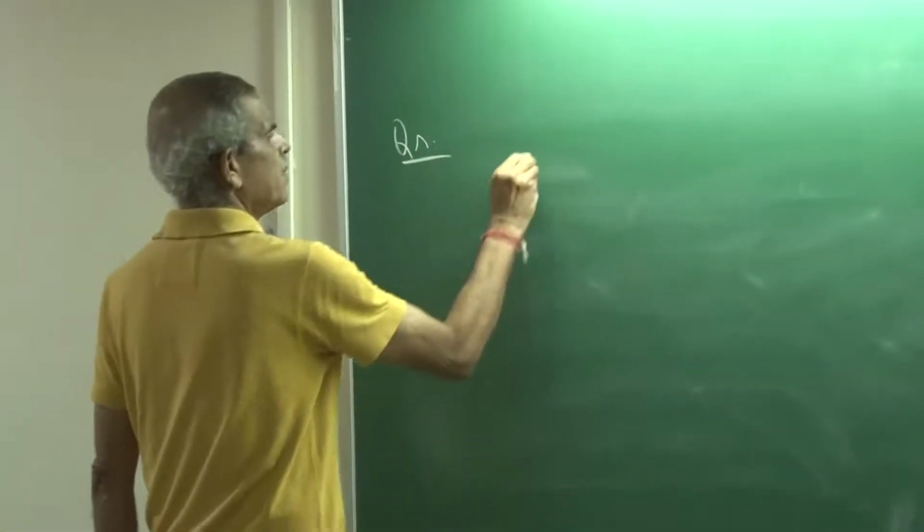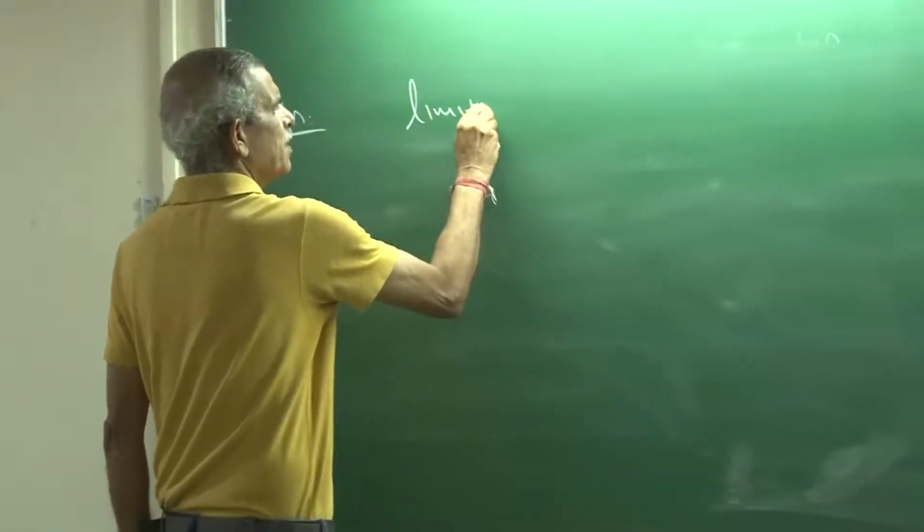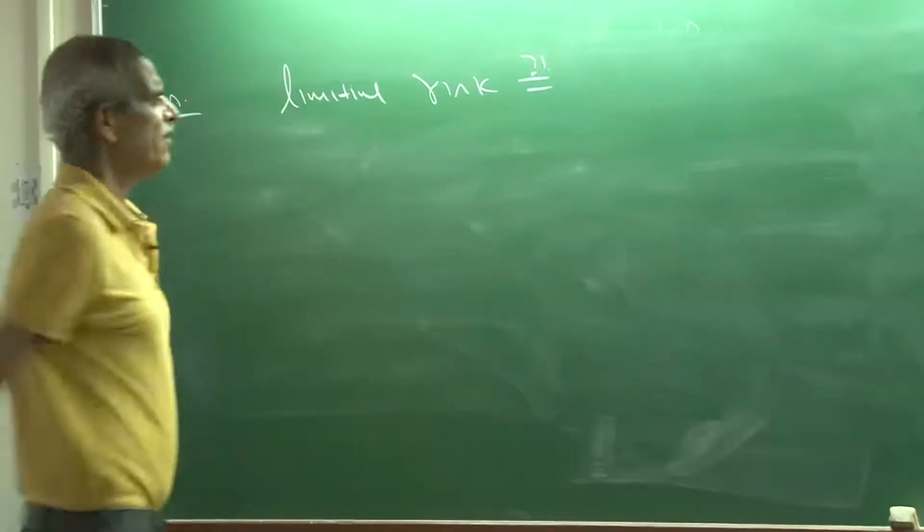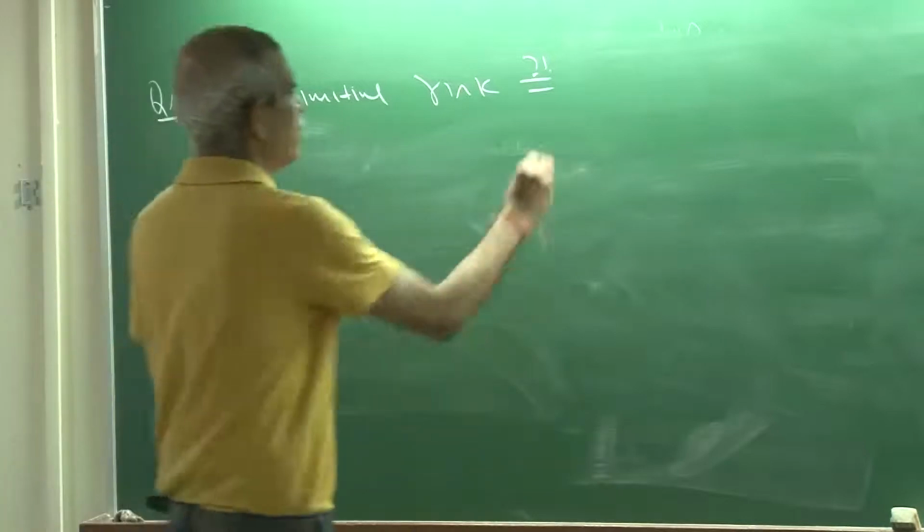So the question is, is the limiting risk the same as the asymptotic variance or not?